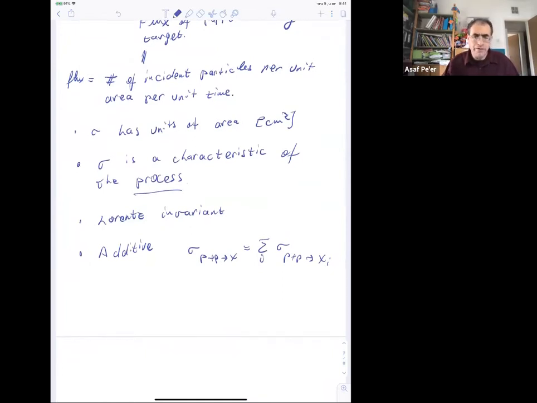Now, it is often useful to discuss the differential cross-section, d sigma d omega.